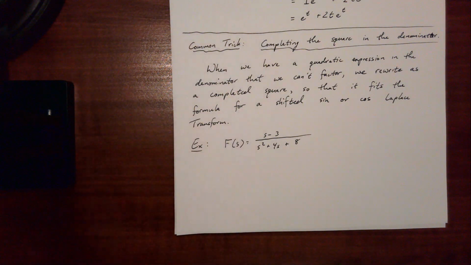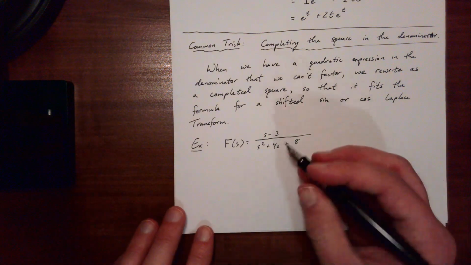In particular, it can't be factored, so our previous technique of factoring it and using partial fractions is off the table. It also is not of the approved format of s squared plus k squared, or s squared minus k squared for that matter. And so we're still kind of stuck.